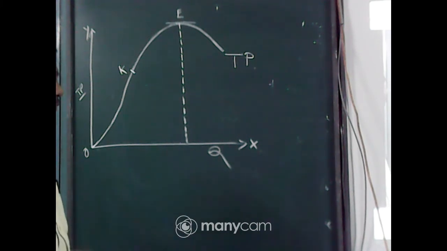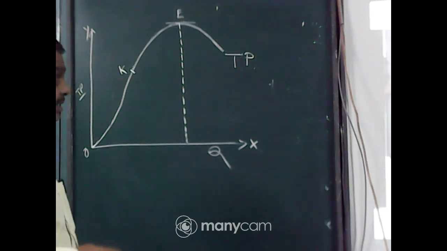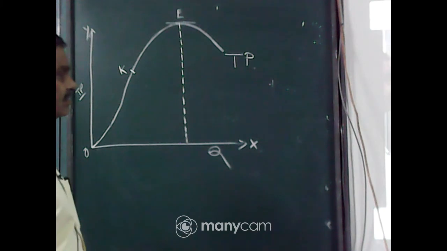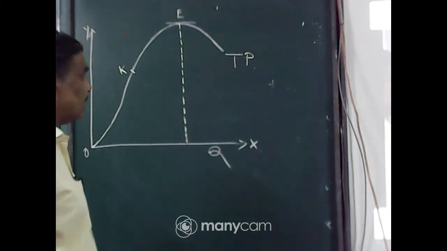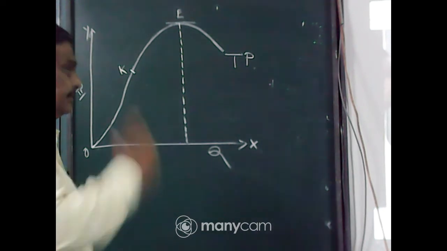No. It requires lot of time, lot of capital and lot of factors. Therefore, fixed factor is fixed during the short period, but in the longer period, all factors of production are variable factors.